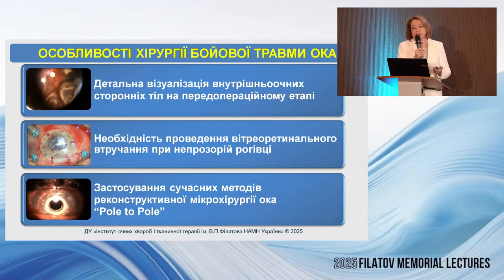The most significant problems that complicate our work are poor visualization of the eye fundus and the need for vitreoretinal intervention in the absence of good visualization through the cornea. Therefore, we need the technique of vitrectomy using a temporary keratoprosthesis.